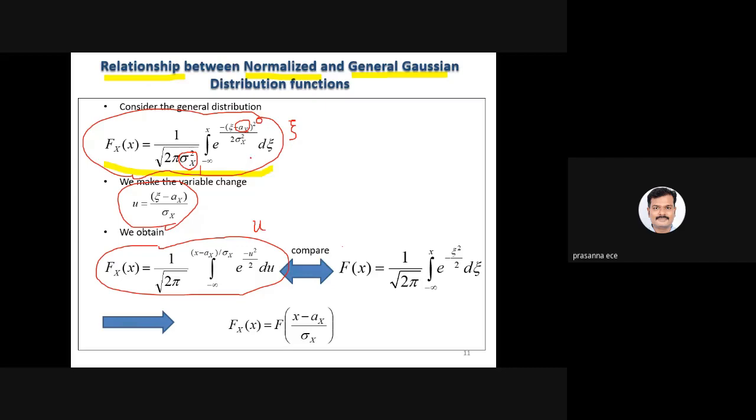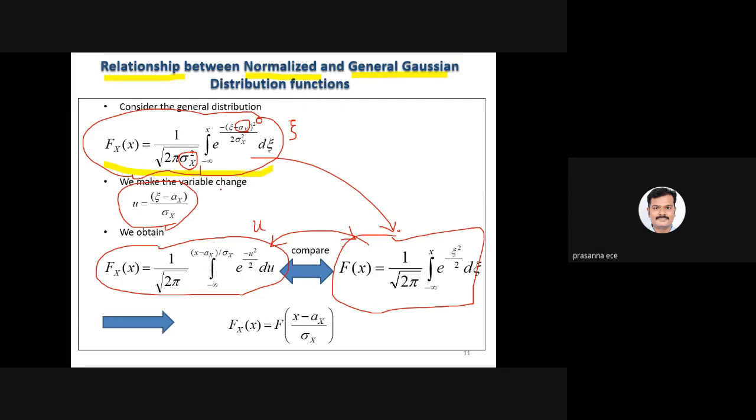That will give you your normalized Gaussian distribution. Now if you compare this with this, what do you observe? Are they looking the same? Functionally they are looking the same, right?